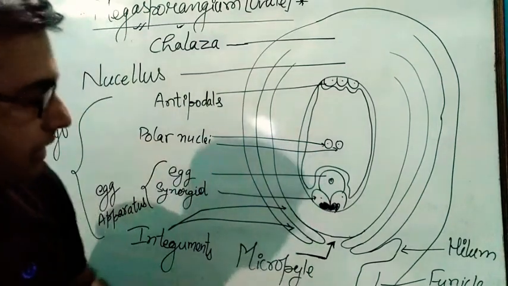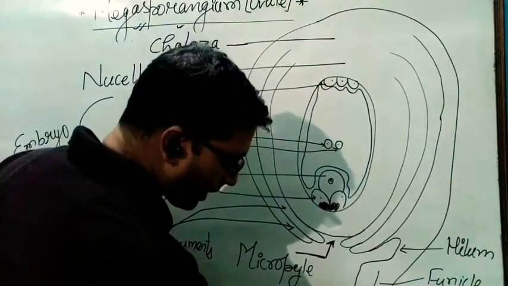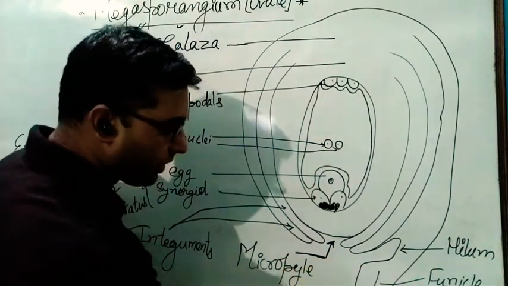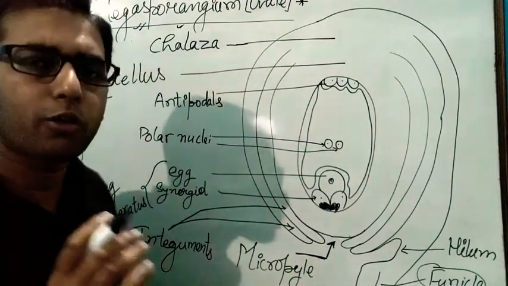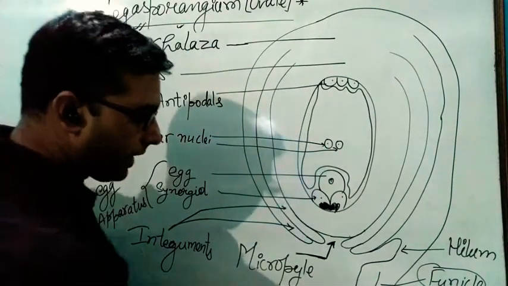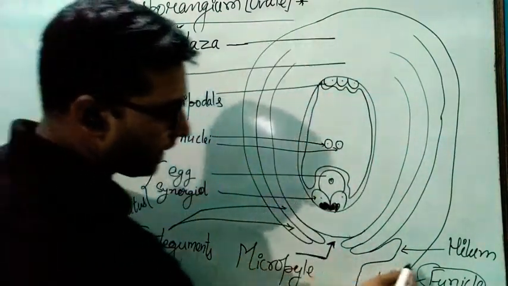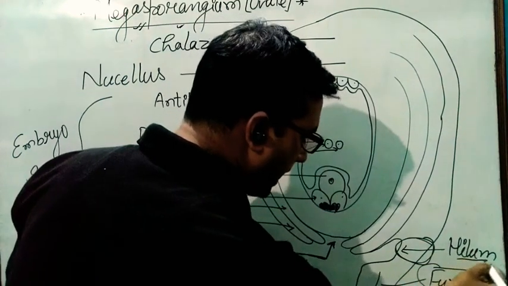A typical anatropous ovule has a stalk-like structure at the base, known as the funicle or funiculus, and it is attached to the body of the ovule at a junction known as the hilum.